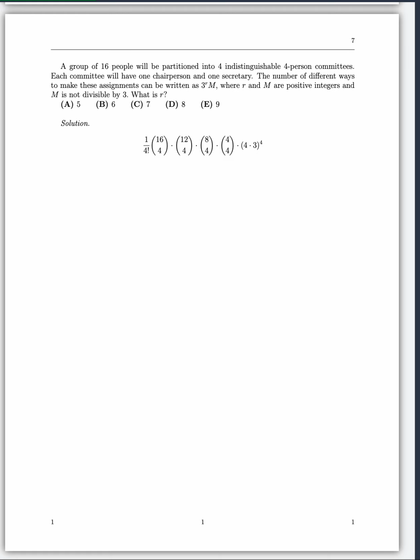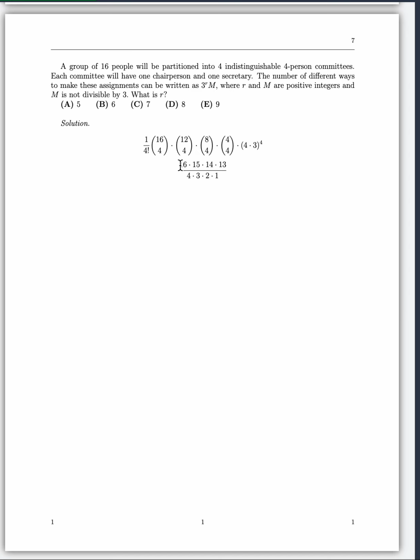First, 4 factorial has only 1 factor of 3, so the maximum power of 3 dividing it is 1. So we just have to count the factors of 3 in 16 times 15 times 14 times 13, and then subtract 1.